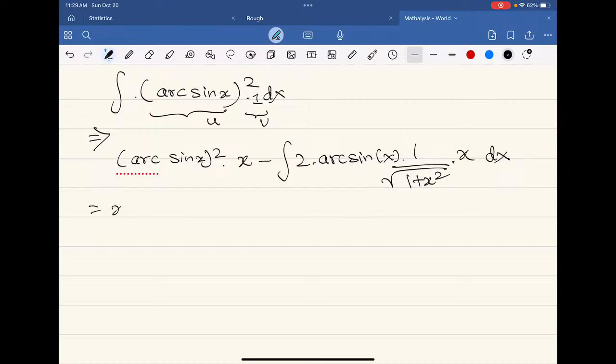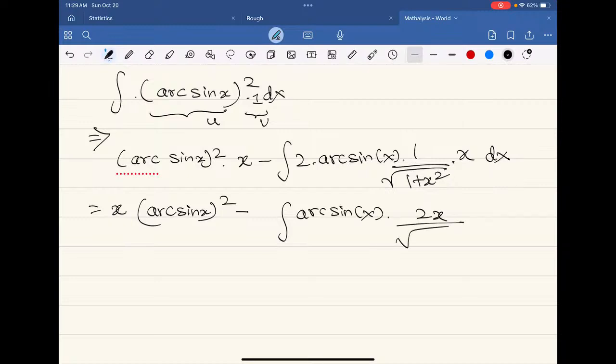And this will be x arc sin x square minus 2 times the integral of, I can actually put this 2 over here, arc sin x times 2x by square root of 1 plus x square dx.